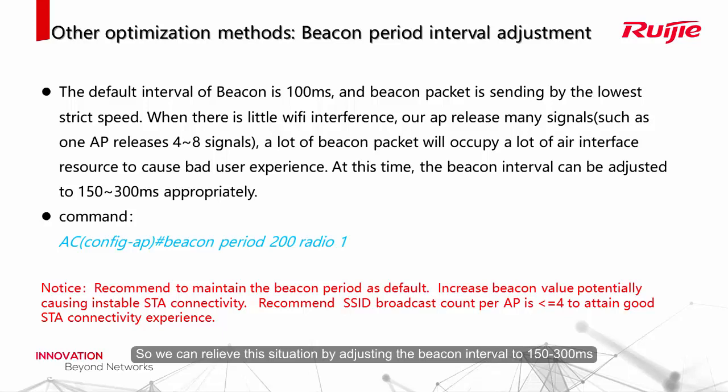So we can relieve this situation by adjusting the beacon interval to 150 to 300 milliseconds. The command is shown in the slide. One thing we need to pay attention to is that if we adjust this value to a very large value, it will cause instability of signal, and it will affect user experience. So usually we only keep the default value and broadcast less than 4 SSIDs.